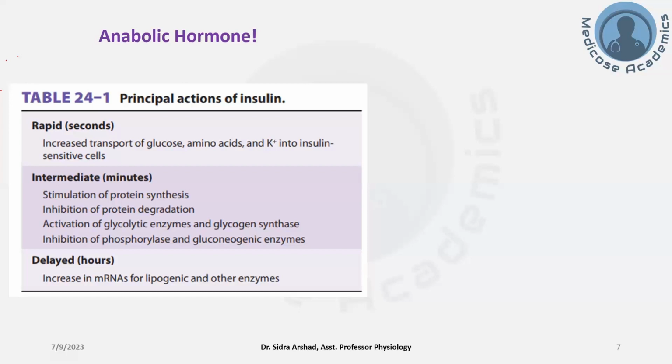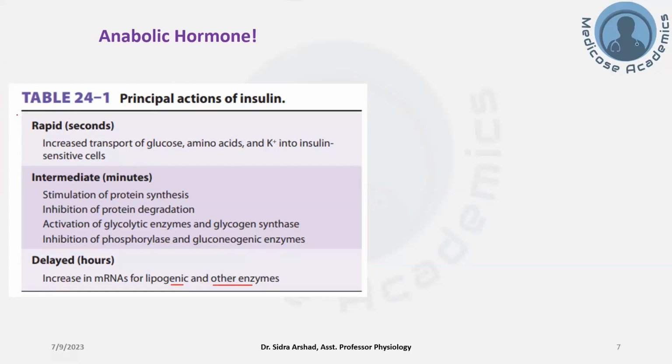It also inhibits phosphorylase and gluconeogenic enzymes so that glucose levels are not increased any further and the glucose is actually stored. The delayed effects, which take about hours to occur, include increase in messenger RNAs for lipogenic and other enzymes. These are the anabolic actions of insulin.